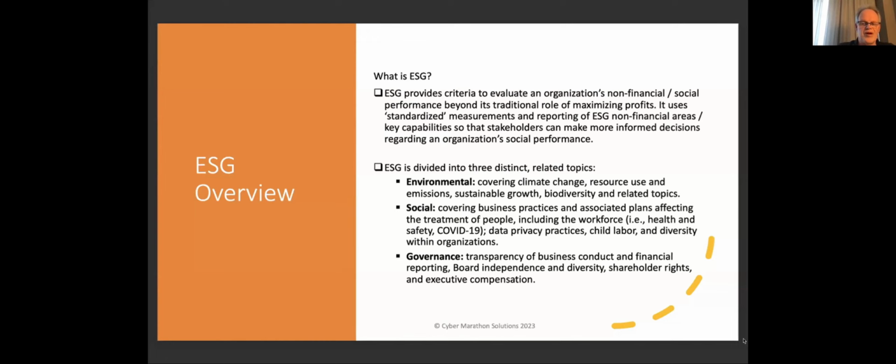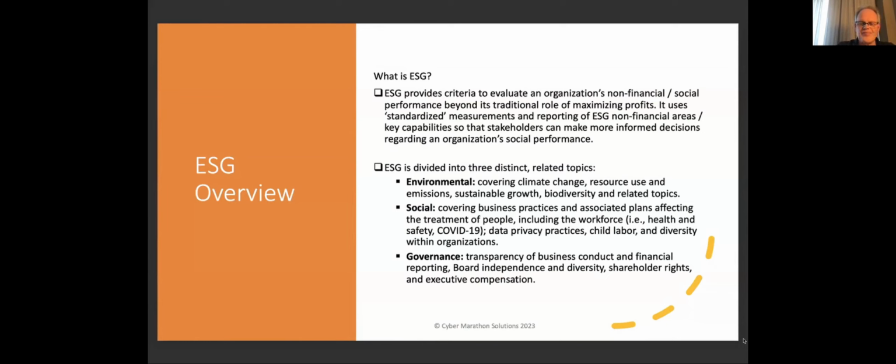Laws around data privacy, child labor, and diversity within organizations. As far as the social aspect goes, there's a strong compliance component there. So in many cases, organizations have been focusing on social concerns already because they need to comply with laws and regulations that impact upon this.